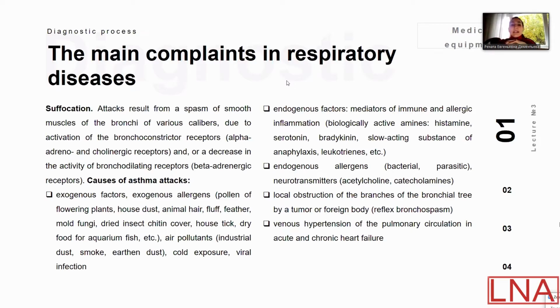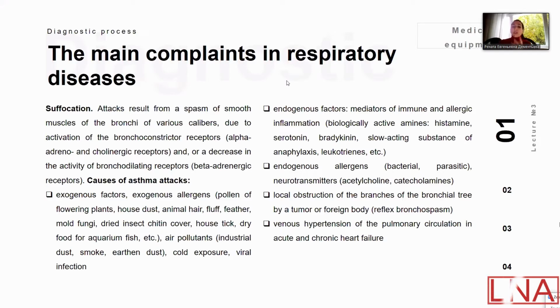Another group is endogenous factors: mediators of immune and allergic inflammation inside the patient, biologically active amines, histamine, serotonin, bradykinin, slow-reacting substance of anaphylaxis and leukotrienes, different types of inflammation mediators, or some substances which maintain an inflammation reaction.